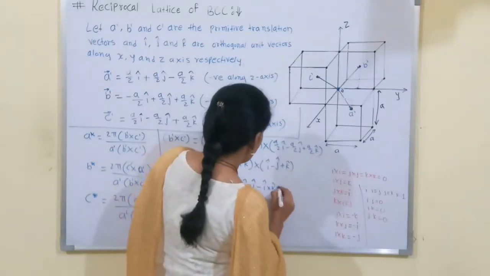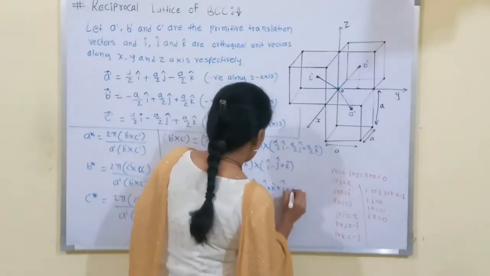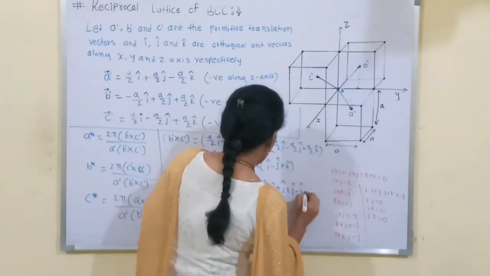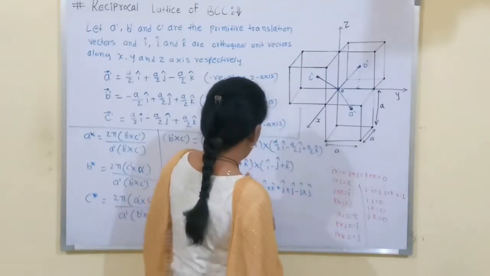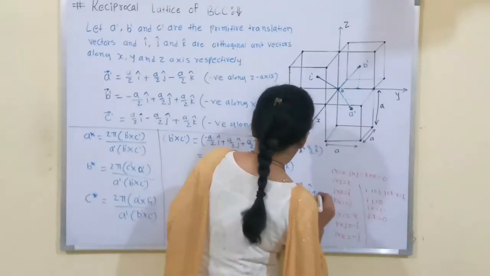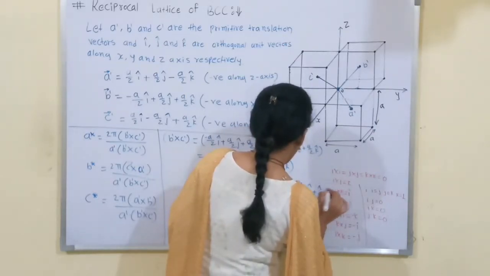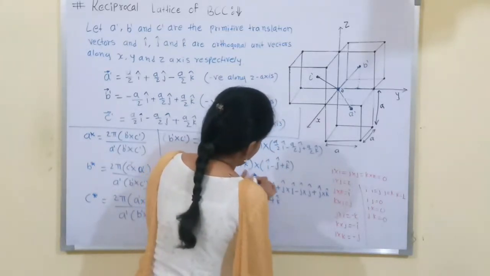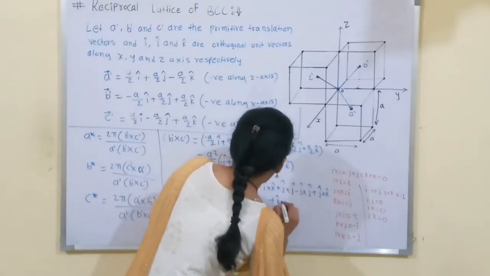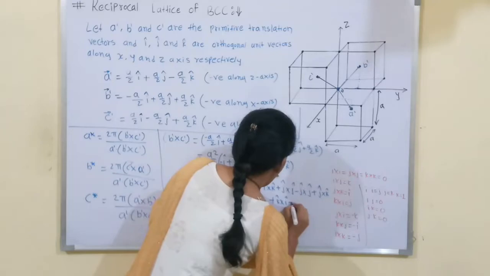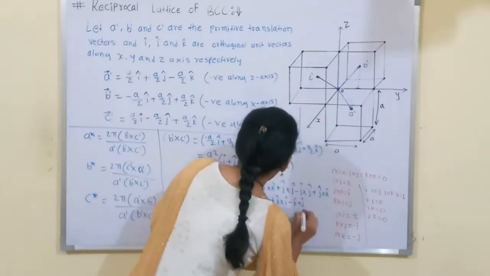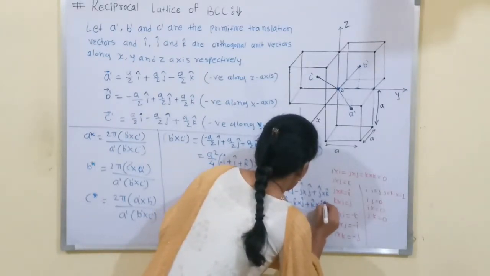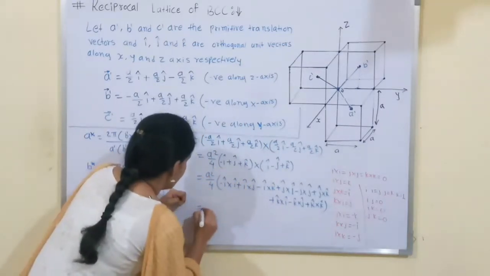So the next term is j cap cross i cap minus j cap cross j cap plus j cap cross k cap plus, for the k cap we will multiply k cap to this bracket. So k cap cross i cap minus k cap cross j cap plus k cap cross k cap. And we will solve this bracket.